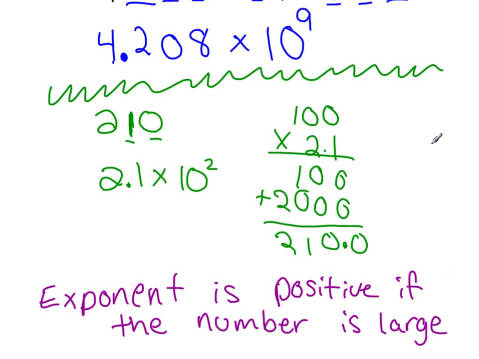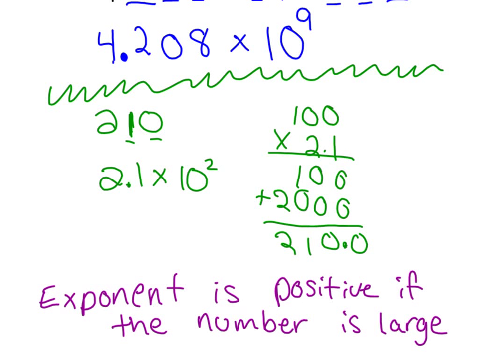And you can think about it: we went to the right of the decimal point. That was one of the strong points. We moved to the right. And whenever we go to the right on a number line, we always get bigger. So right, positive, large, kind of associate those words together.